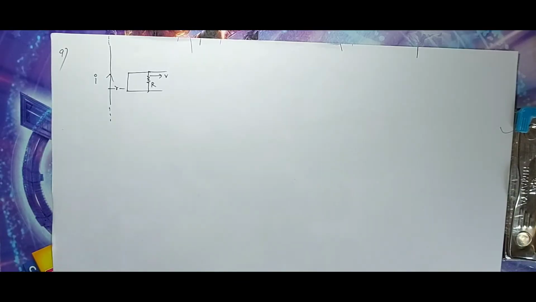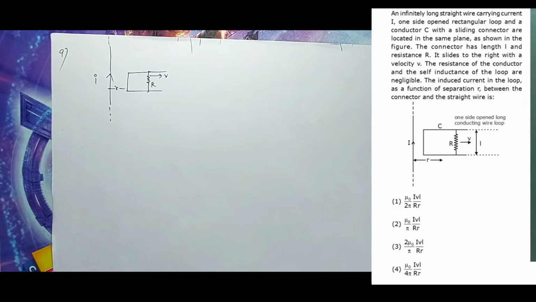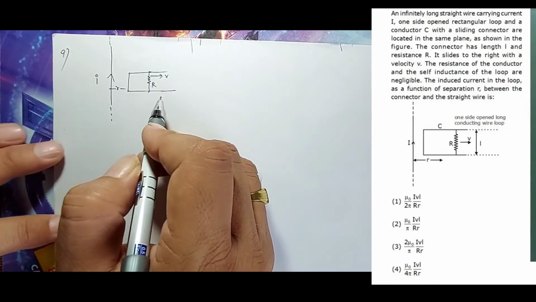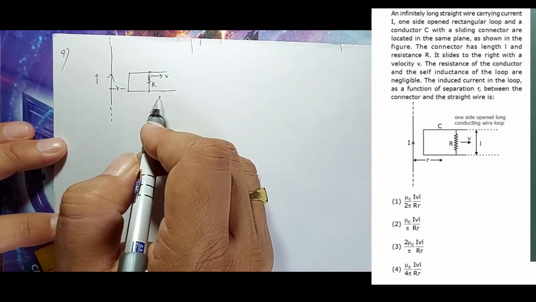Now let us see another problem. An infinitely long straight wire carrying current I, a one-side-open rectangular loop, and a conductor C with a sliding connector are located in the same plane as shown in the figure.